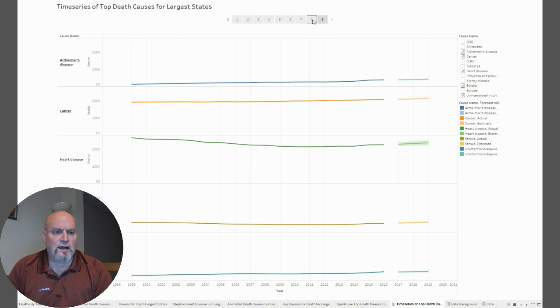COVID hit the United States around January of 2020 and then really became apparent within the spring. But we see here before COVID hit, which would be a significant divergent, we forecasted that heart disease would grow and continue to regress, and the scourge of it, we need to gain a handle of it.